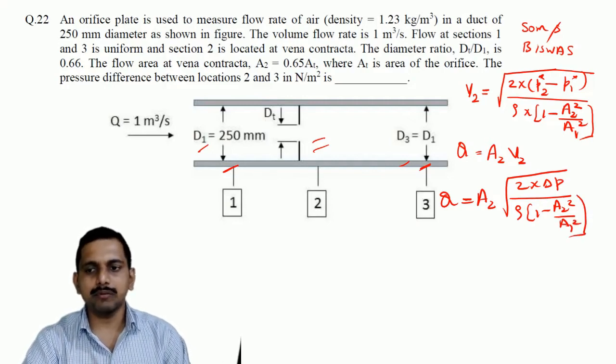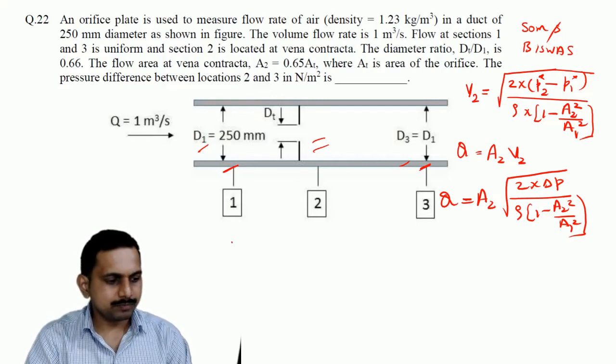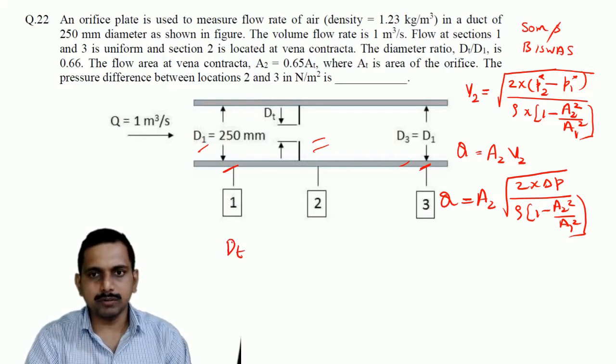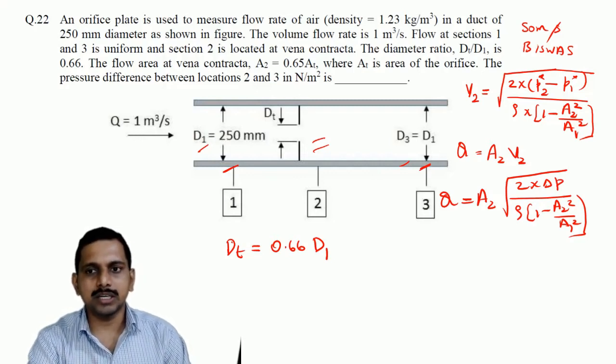Now let us see about areas. First of all, diameter is given, correct? So diameter of the throat we will see. Diameter of the throat is 0.66 times diameter of the pipe. Sorry, it is given as dt, the diameter ratio dt. What is t here?